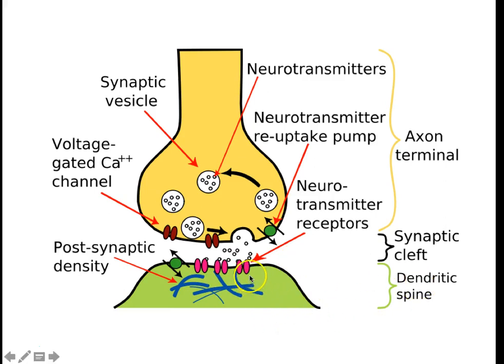Then once you've done that, you want to recycle. So you see this little green dot, that's a neurotransmitter reuptake pump. So these will leave the receptors and come into the neuron via the neurotransmitter reuptake pump so that you can fill them up one more time and recycle them.